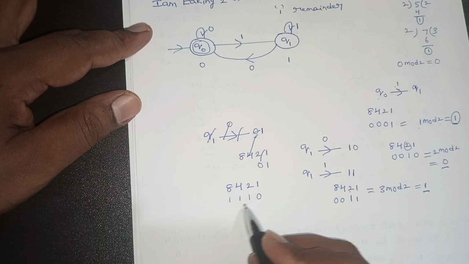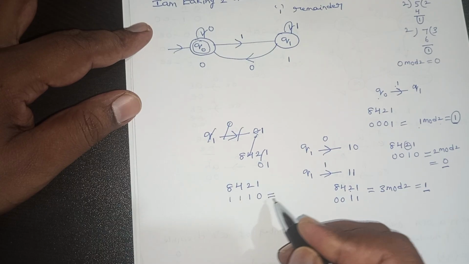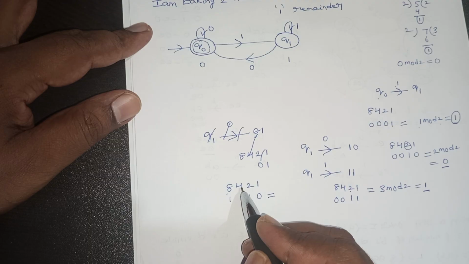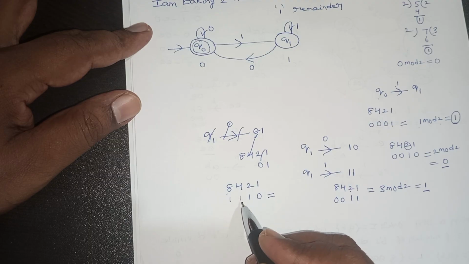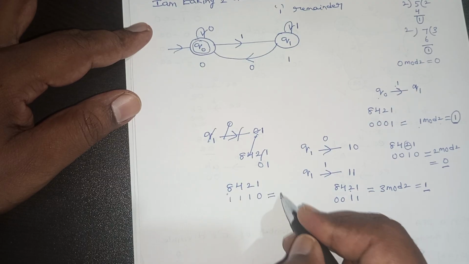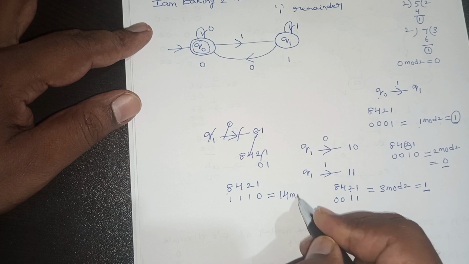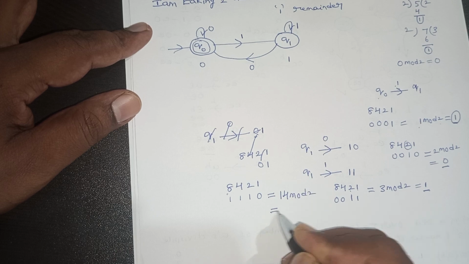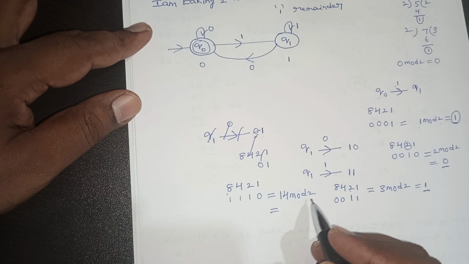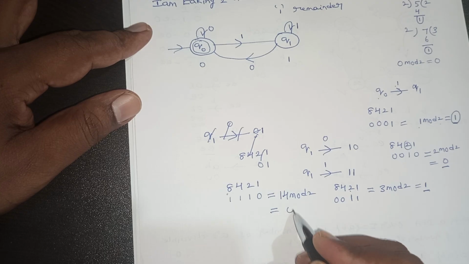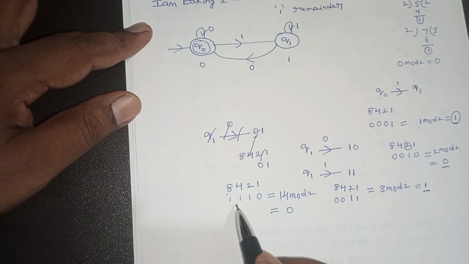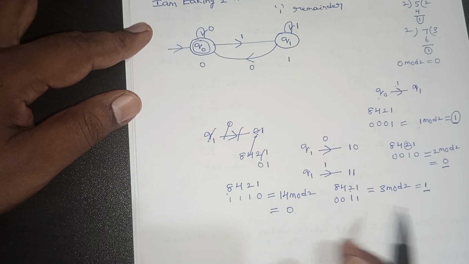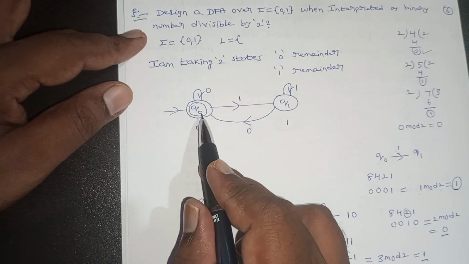So this is a binary number. What is the value? 8 plus 4 is 12, 12 plus 2 is 14. So 14 mod 2. What is the remainder? 2 sevens are 14, remainder equal to 0. It means that when I see this number, I have to go to q naught.